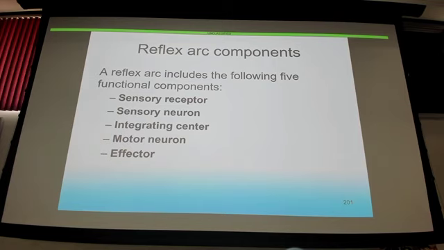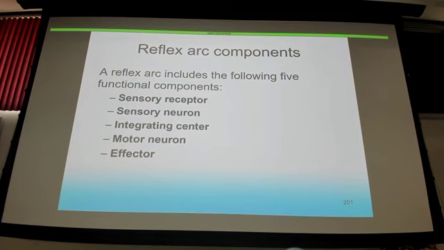Not everybody does, but I find that saying effector, I'm like, well, it doesn't make sense to me the way that word sounds. The effector is the actual visceral organ. So if I have a change that occurs from a reflex to change my heart rate, the effector would be the heart. What's actually physically doing the change, not what talked to it.